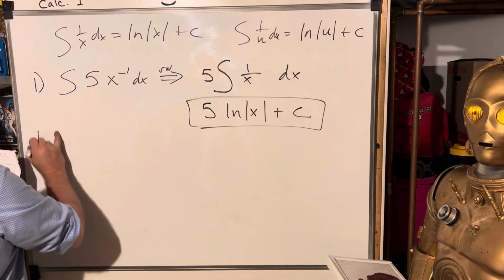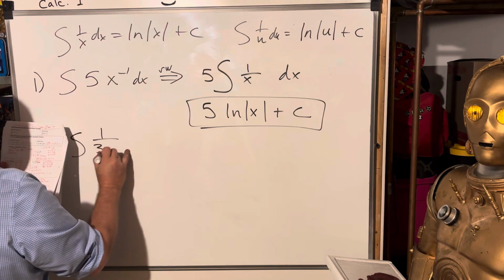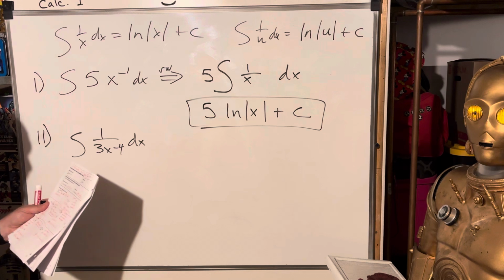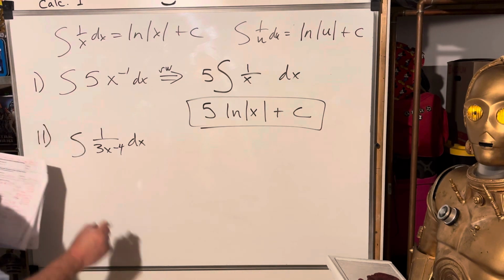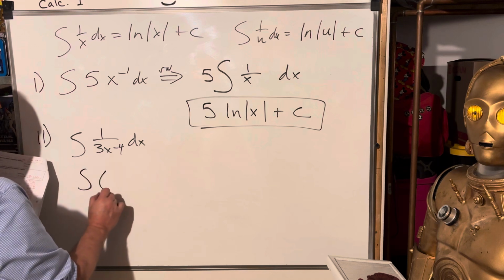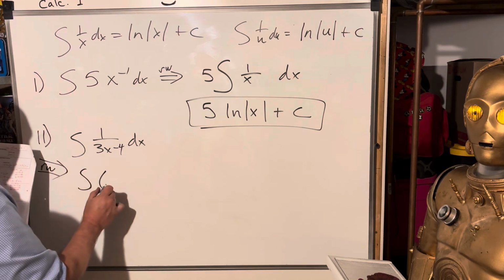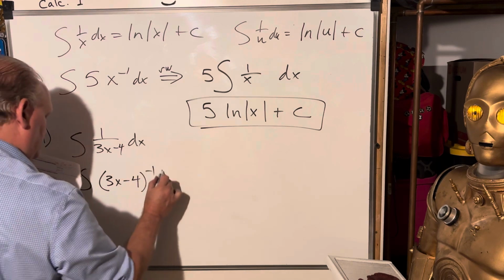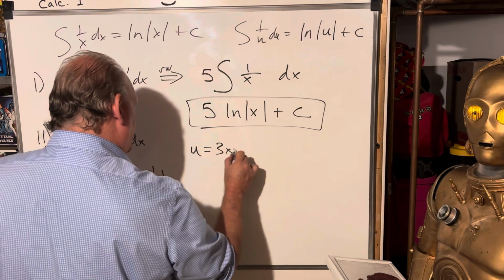Number 2. Oh, they have Roman numerals. 1 over 3x minus 4 dx. Okay, so this is going to take a little more of our brain power here. Let's rewrite it. Let's call u 3x minus 4.